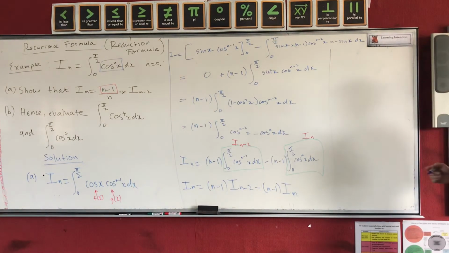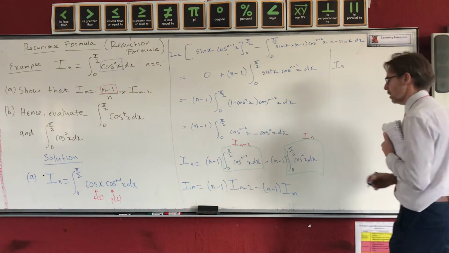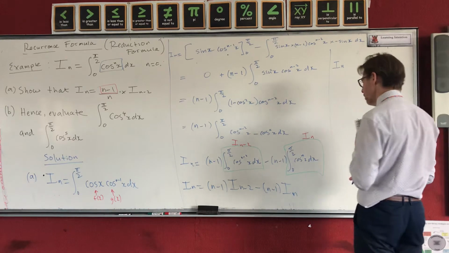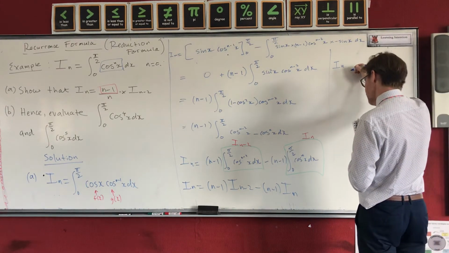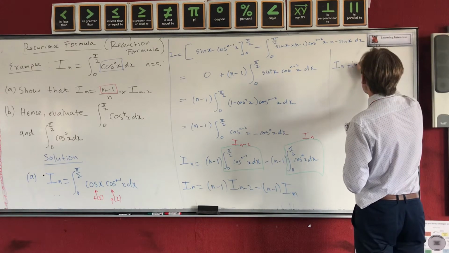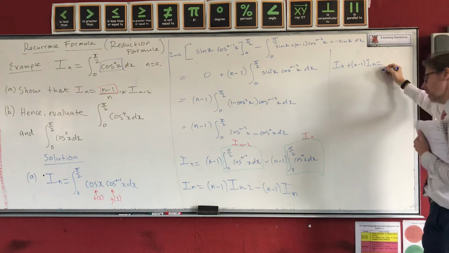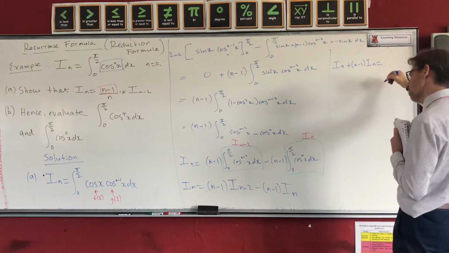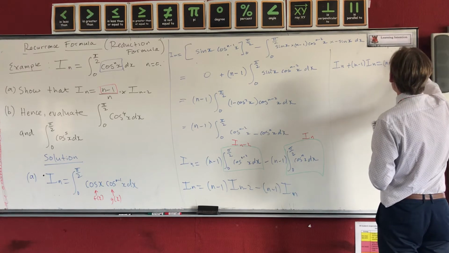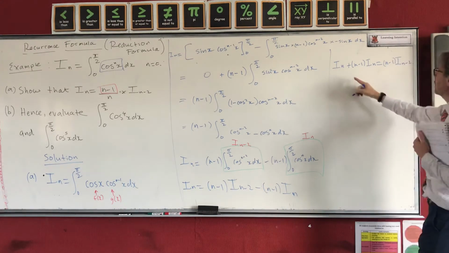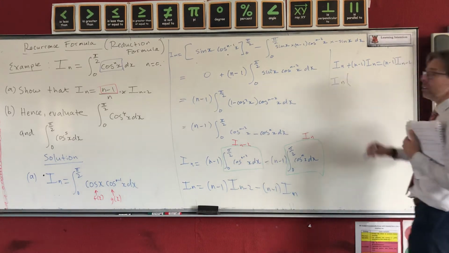Now, from there I could expand the brackets, or I can put everything onto one side for the In, which I might do. So I'll go In plus (n minus 1) times In is equal to (n minus 1) In minus 2. Now here I can take out In as a common factor.